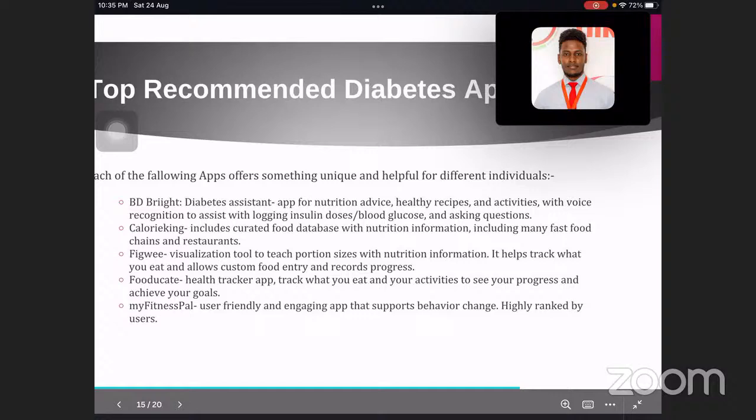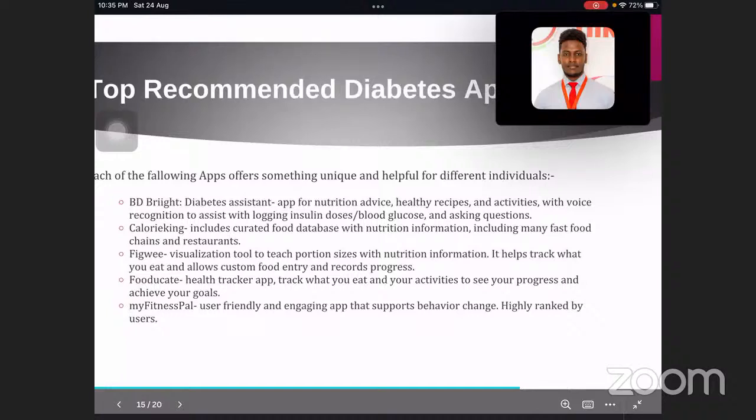The third app is Figwe, which helps track what the patient eats and allows custom food entry and recording progress.